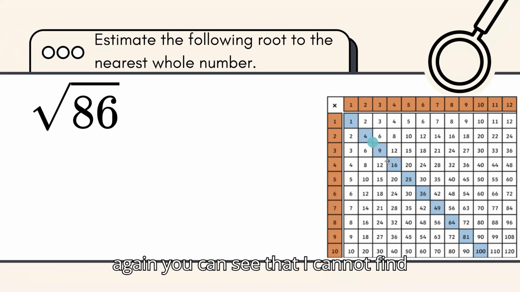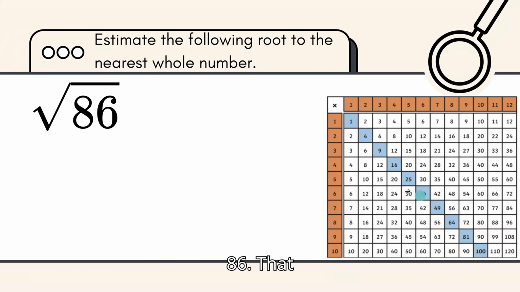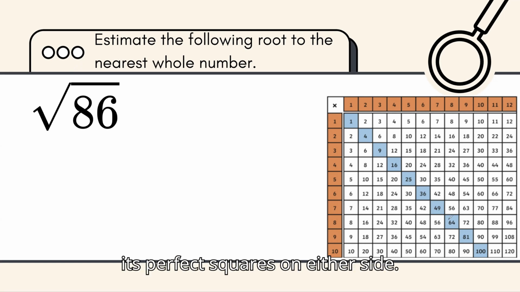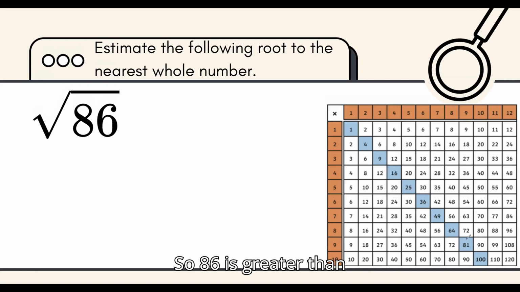Now again you can see that I cannot find 86. That means that 86 is not a perfect square number. So I'm going to take its perfect squares on either side. So 86 is greater than 81, but less than 100.